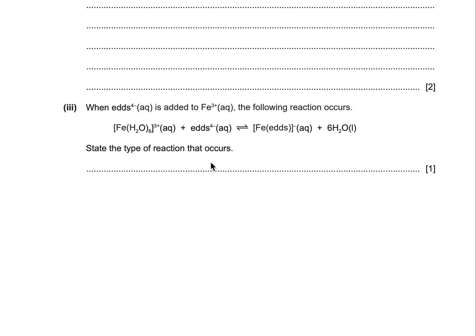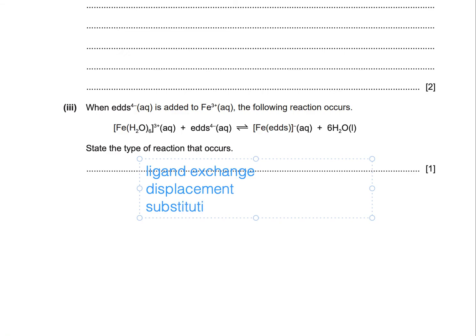This H2O is replaced by EDDS 4 minus, which means the ligand is being exchanged, replaced, substituted. So we can call it ligand exchange, displacement reaction, or substitution reaction. We can call it any of these.